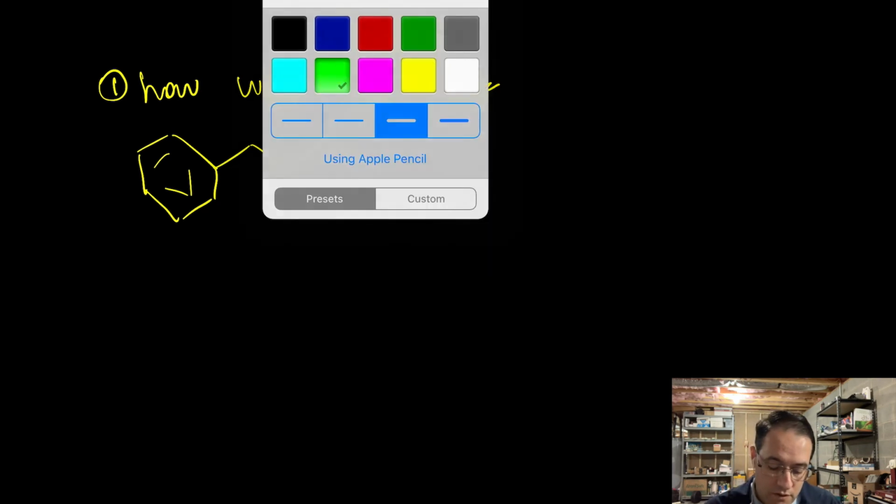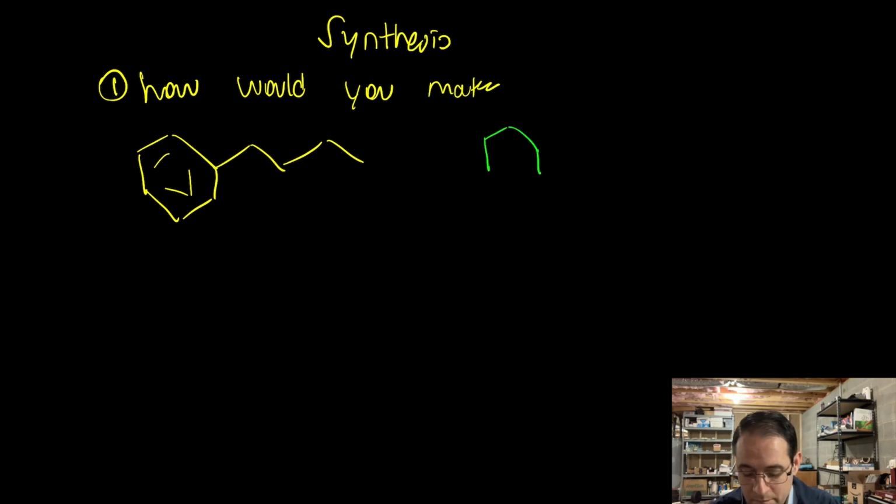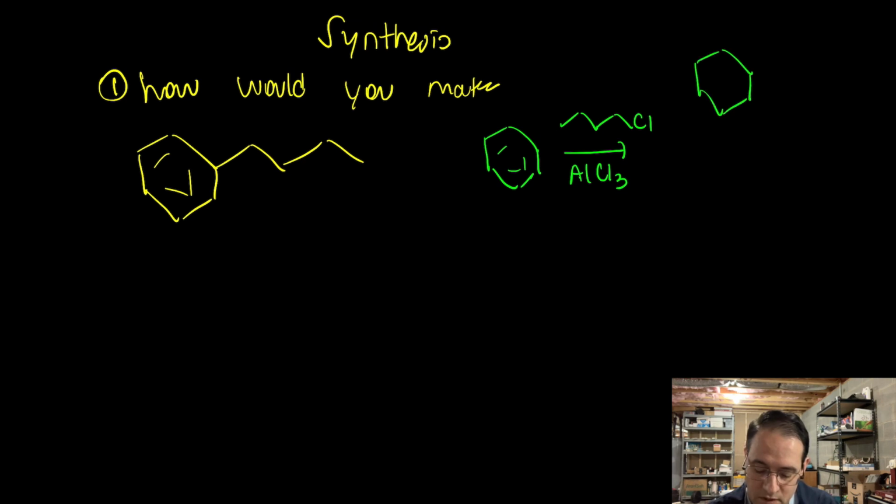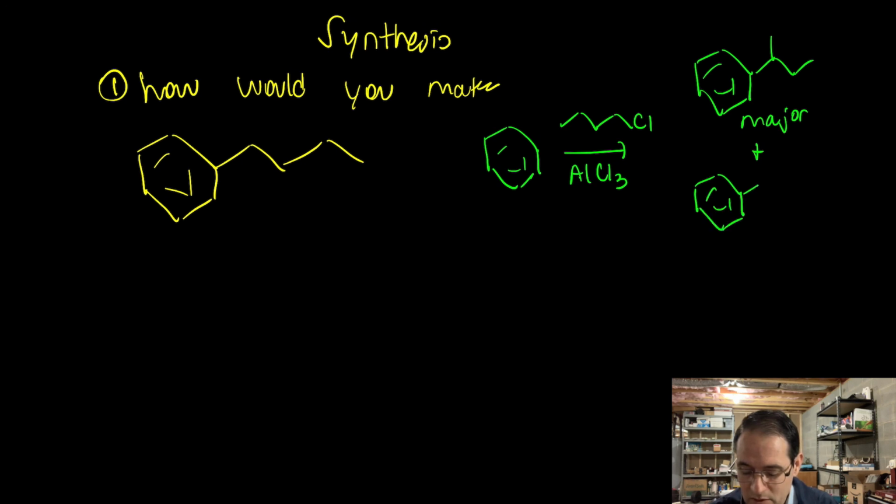Now, if you took benzene and you treated it with chlorobutane and aluminum trichloride, remember again that this is a limitation. You would expect major amounts of a rearranged product that goes through a secondary carbocation, and you would expect only very minor amounts of the straight chain butyl chain. So that is not a good reaction.